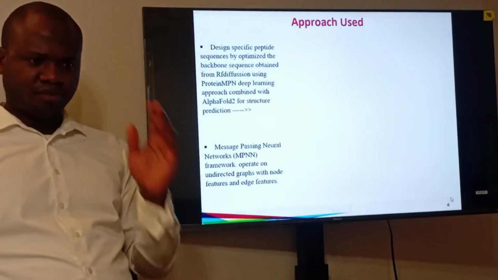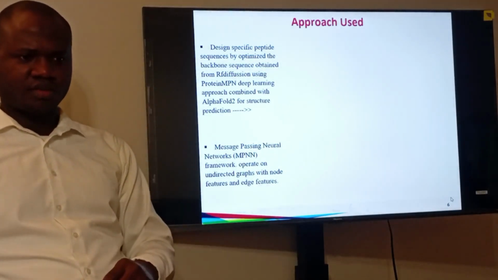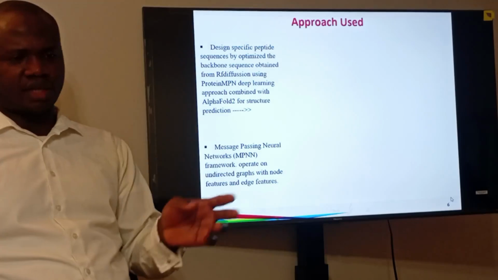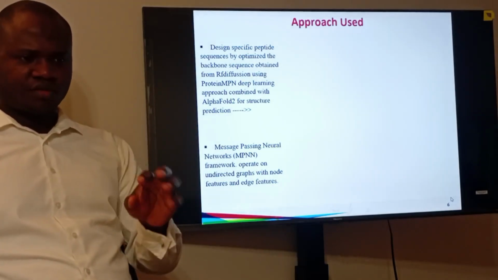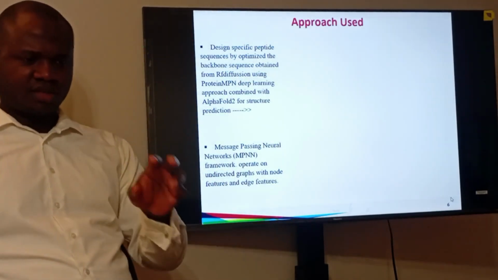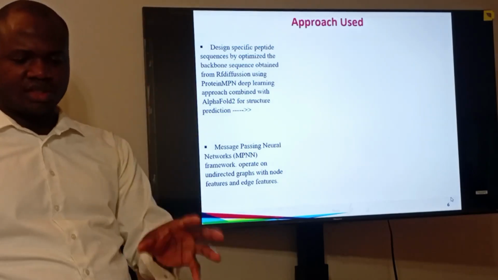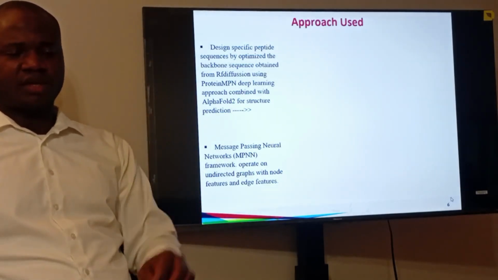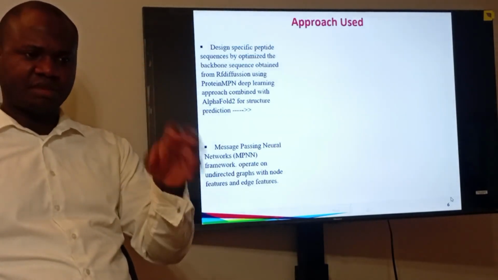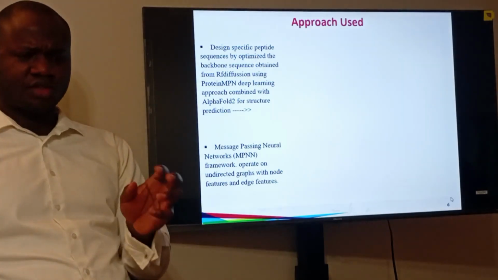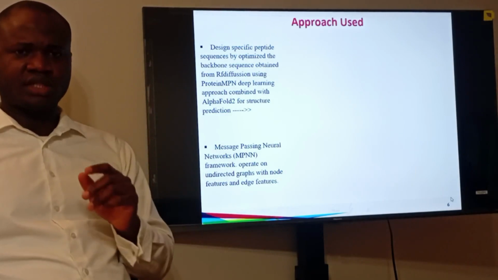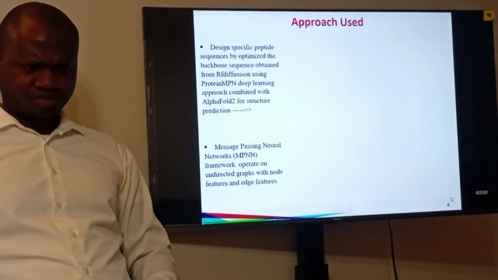MPNN means message passing neural network. It operates using undirected graphs, as I've said, with nodes, node features and edges. So it randomizes the sequence, and then finds, out of the 20 essential amino acids, the amino acid sequence that fits the backbone generated by the RF diffusion and that matches the catalytic pocket of the protein under study.